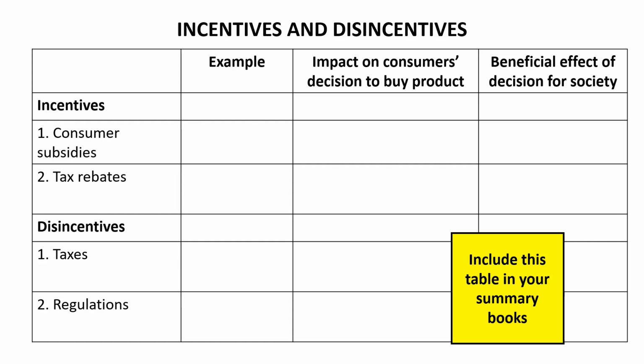These factors are rationality, self-interest, informed decision-making, maximisation of utility, marginal benefits from consumption, and ordered preferences. Second, you should be able to explain the ways in which consumers and workers might respond to incentives and disincentives. These incentives and disincentives are consumer subsidies, tax rebates, taxes, and regulations.